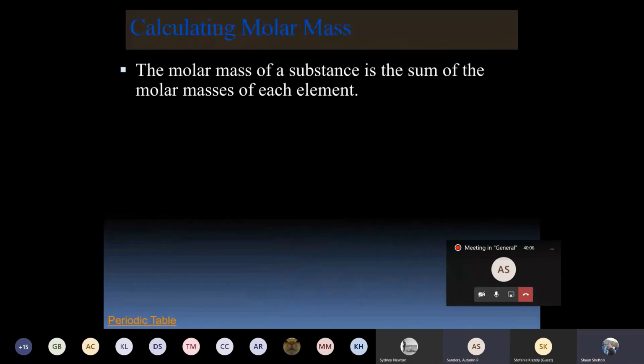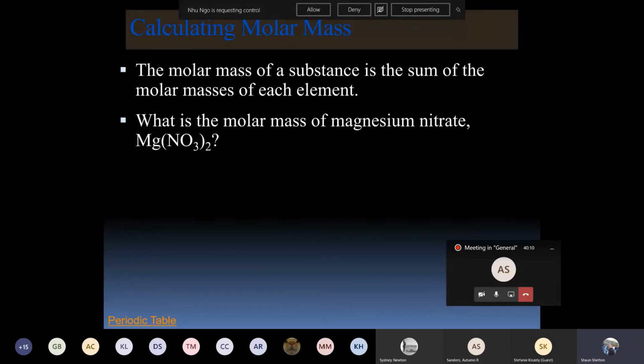All right. So again, molar mass of a substance is the sum of the masses of each element. Now, in this particular example, what we have here is one magnesium. Magnesium is, let's see here, 24.31.